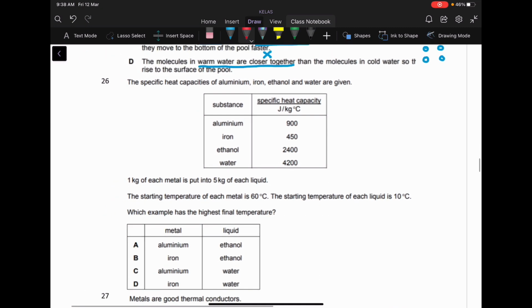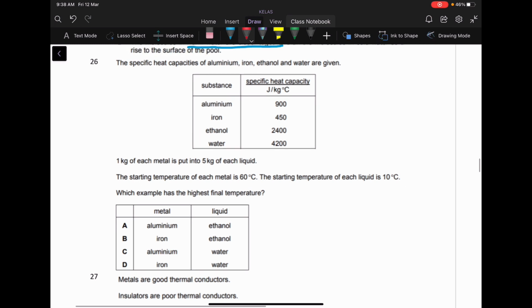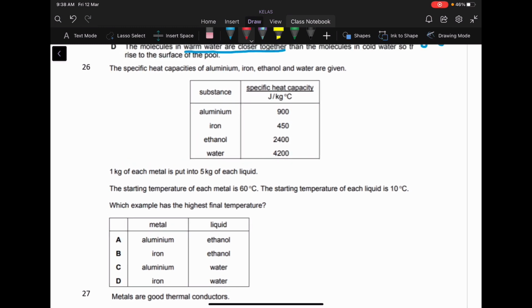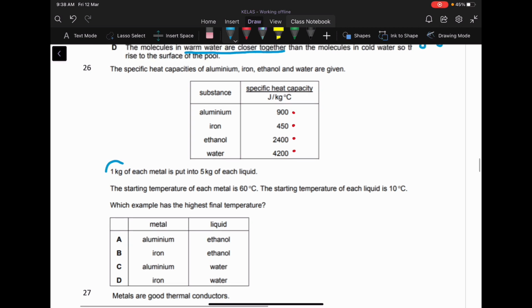So this is about specific heat capacity. Question number 26. The specific heat capacities of aluminium, iron, ethanol and water are given. So these are the values. You see they have different values. 1 kg of each metal. So here there is a statement about 1 kg of each metal.